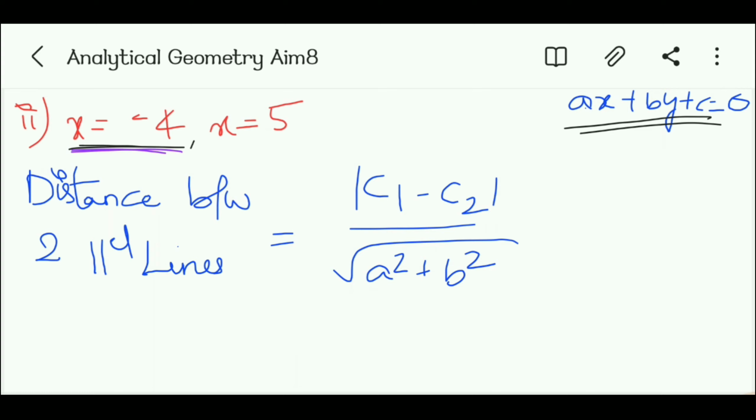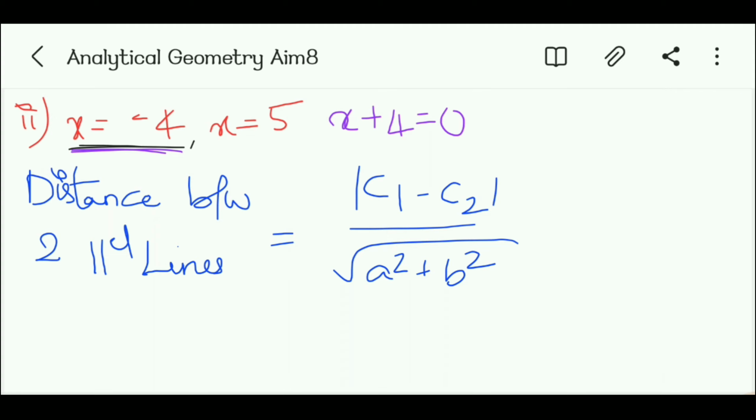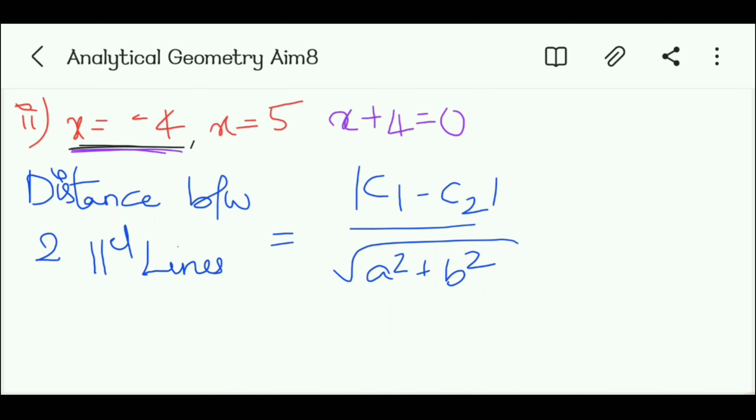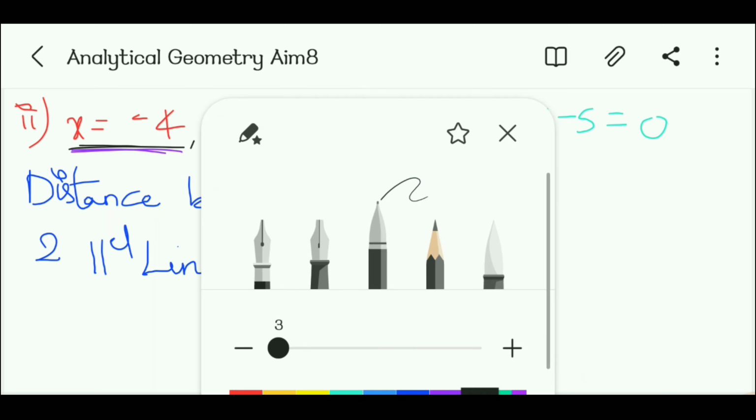This will be x plus 4 is equal to 0 because this minus 4 will go to LHS. Now for the second equation I am going to use green color. This will become x minus 5 is equal to 0 because this plus 5 will go to LHS and become minus. I hope you get this one.